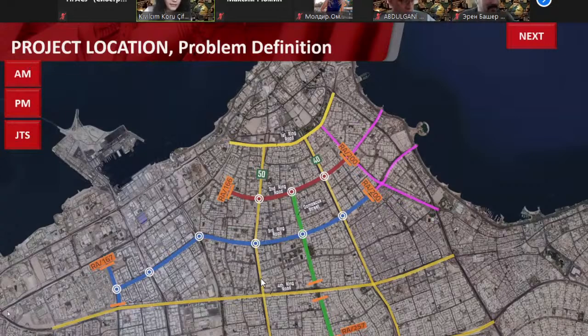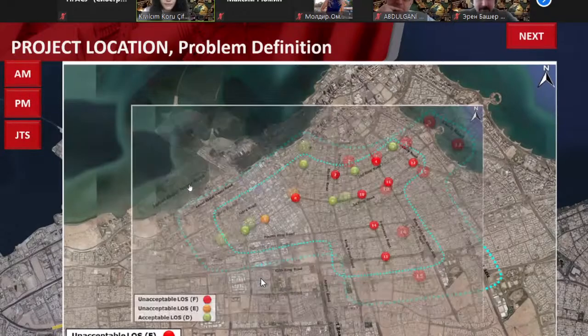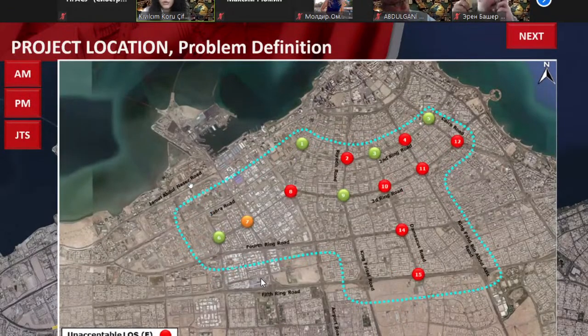As you will see here, many of the nodes are at level of service F, and a few of them are at E in the AM traffic surveys. In the PM traffic surveys, we have monitored that most of them are F or E level of service along the roadway.